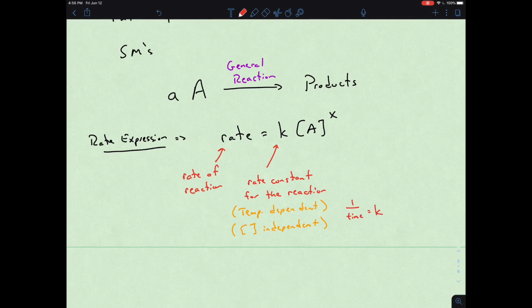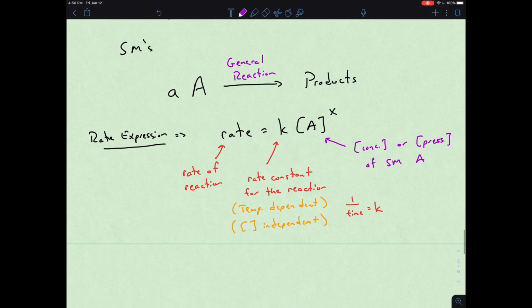We then, on the other side, have our concentration, or we have our pressure of starting material A. And then we have what's known as reaction order.